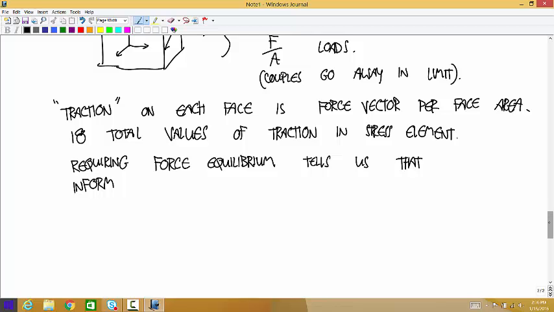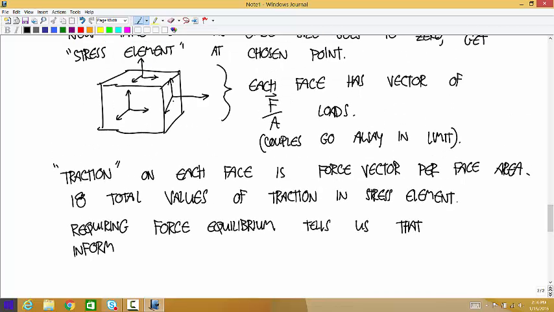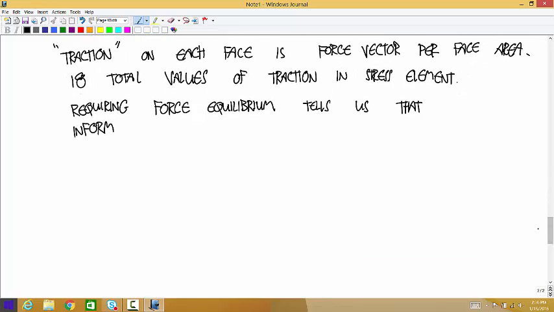If we know what's going on this face, then we know what's going on the opposite face. It's just equal and opposite.